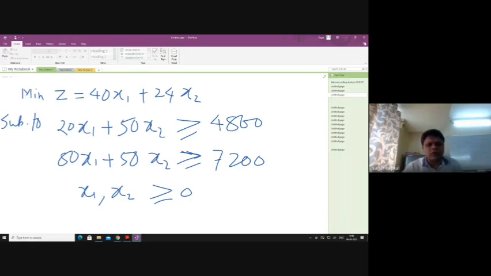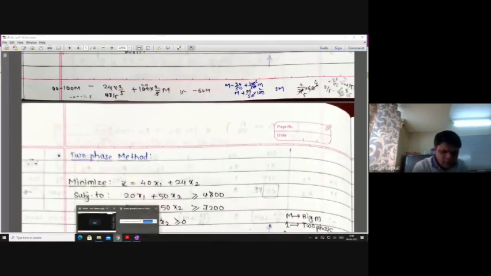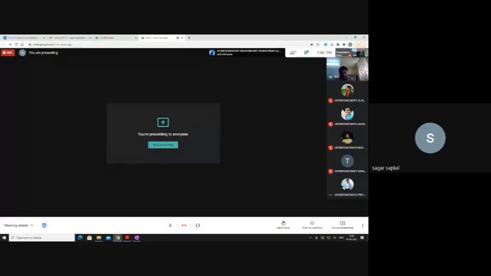Okay, so take down this problem first. You write it again on a separate page, and then we will solve it by using two-phase method. Have you taken this problem?